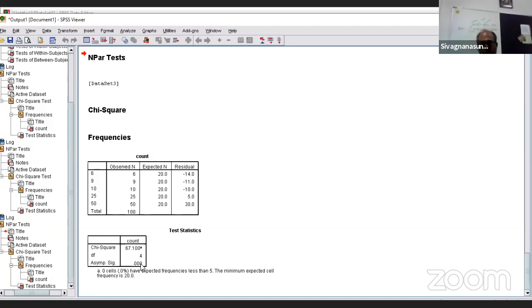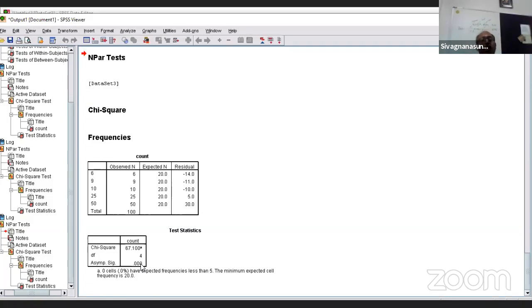So, what is the null hypothesis? There is no difference in the observed frequencies and expected frequencies. The null is getting rejected. So there is a difference in the frequencies. In the sense, it is not matching the distribution curve that I'm expecting. So I will say that there is a difference in the grading.